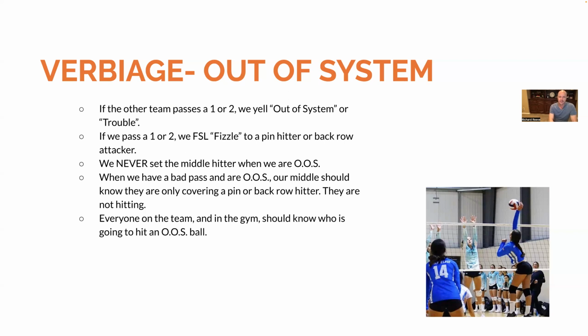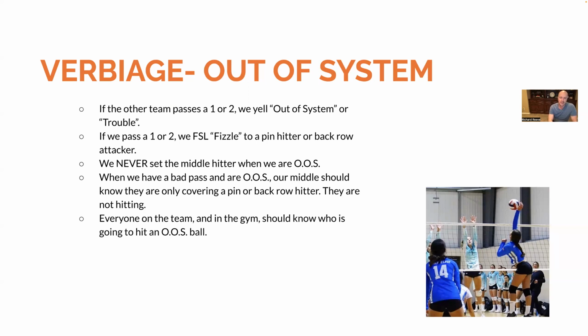We never set the middle when we are out of system. When we have a bad pass and are out of system, our middle should know that they are only covering a pin or back row hitter. They are not hitting. If you know that ahead of time, there should be no collisions with our middles and our outsides, and middles with our setters. The middle just knows that they're out of the play and they're just going to go cover one of these hitters.